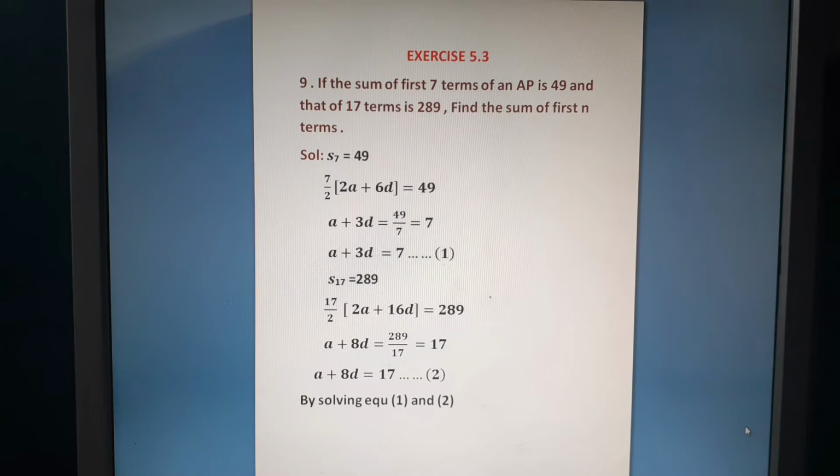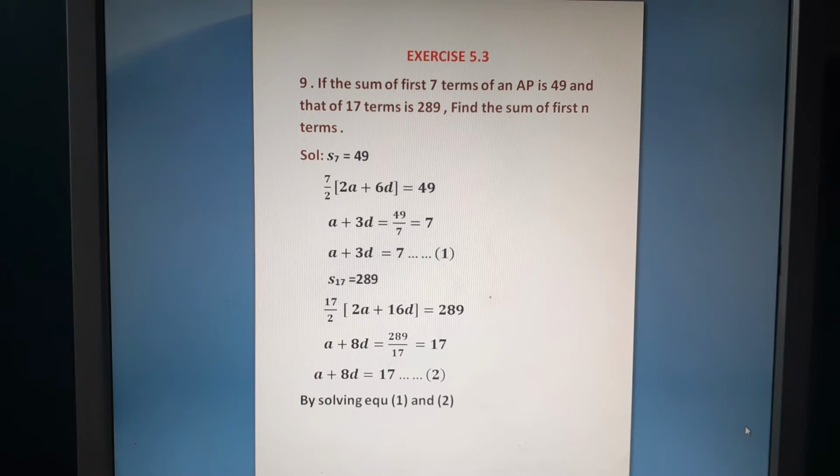Here, Sn is equal to n by 2 into (2a plus (n minus 1) into d). According to the question, S7 is equal to 49. Here n is equal to 7.